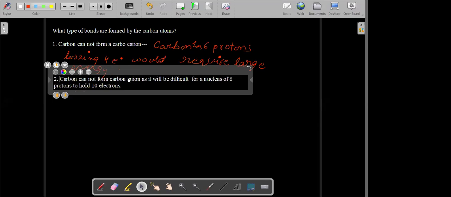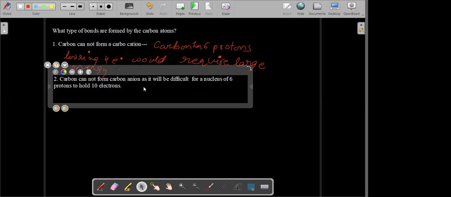Since its valency is not satisfied, carbon forms covalent bonds. So the solution to the problem is that it can form bonds by the sharing of electrons.